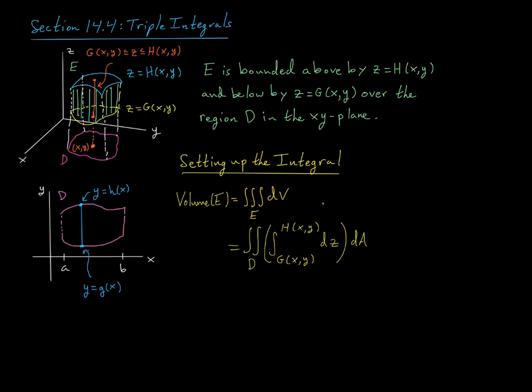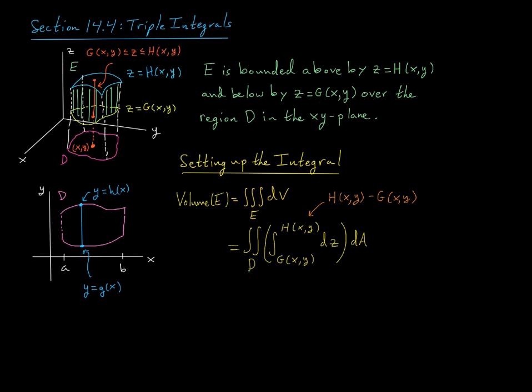This inside integral, since I'm integrating just dz, is simply the difference in h and g. Or put another way, this inner integral is really just measuring the height of one of these approximating pillars.